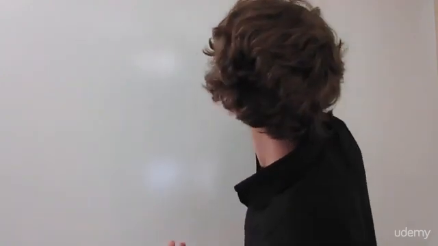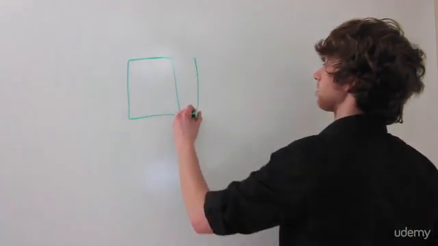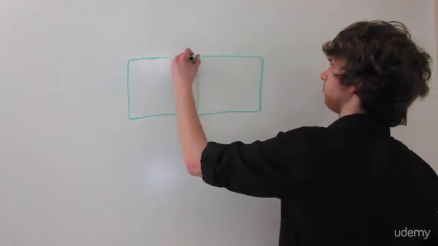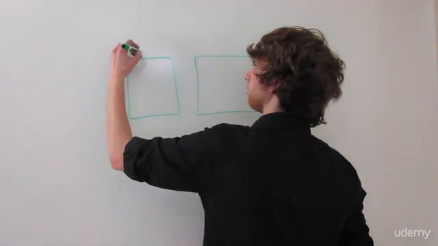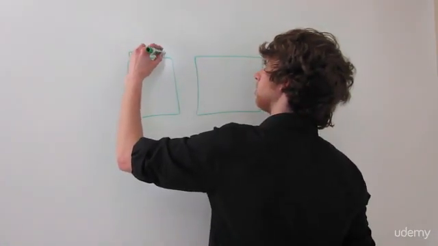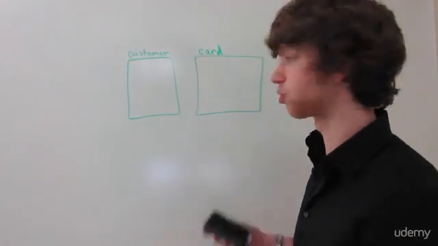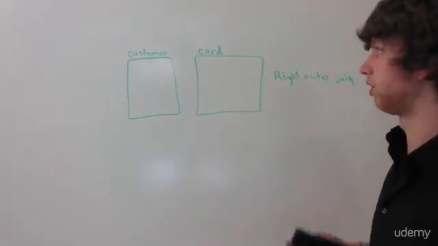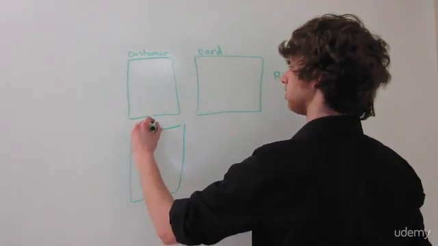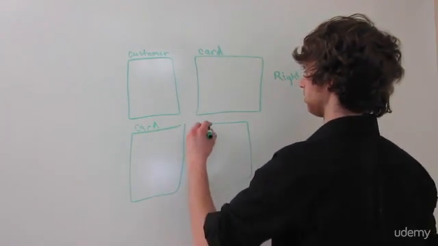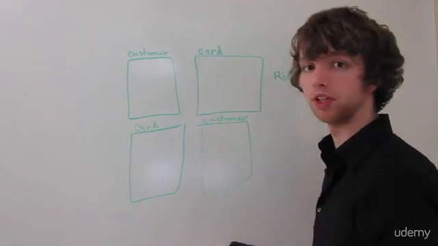You have your two tables, and I'll give you two possibilities that are going to give the same result. You could have your customer and then the card, and you can use a right outer join, or you could have it to where over here you have the card and the customer with the same exact columns and same exact foreign keys.